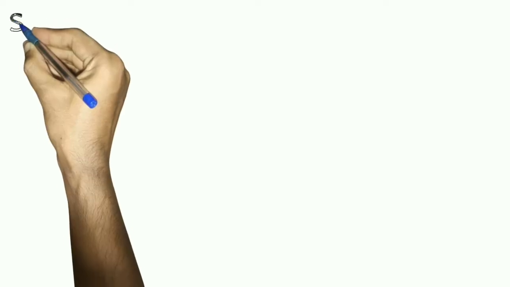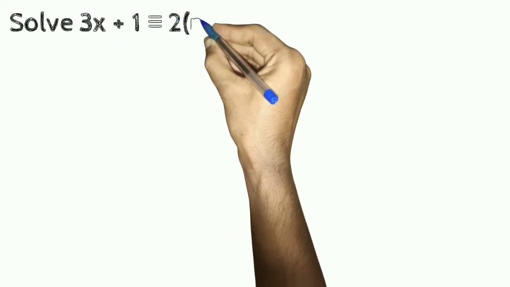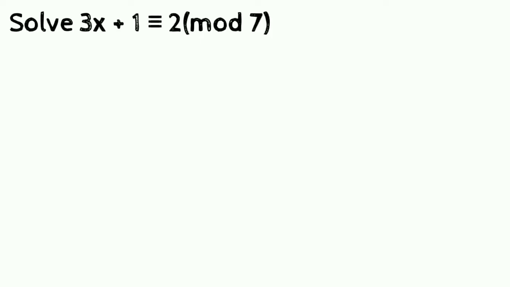When it comes to equations, you will be asked to solve the value of x. For example, solve 3x plus 1 and 2 are congruent modulo 7. In this problem, we will compute the integer that will satisfy the congruence.